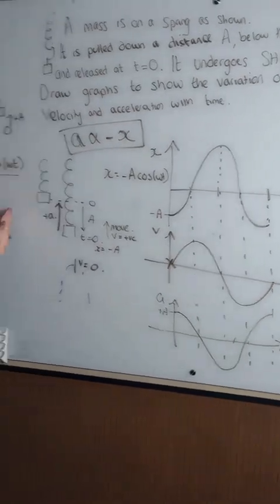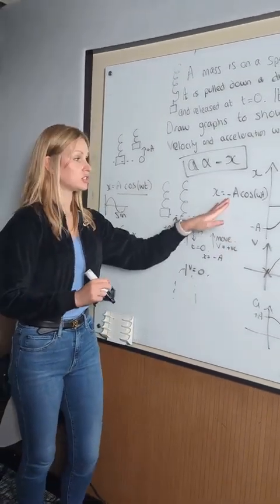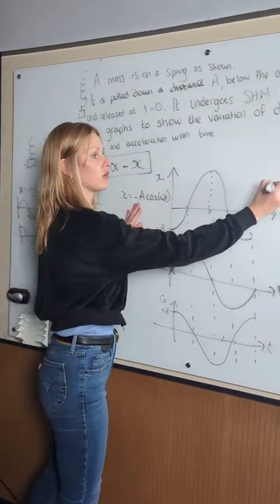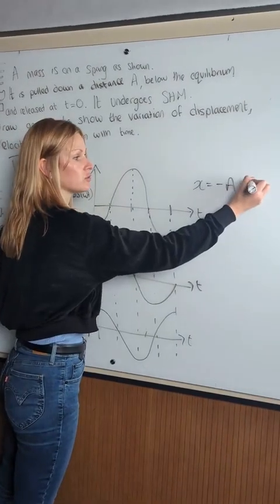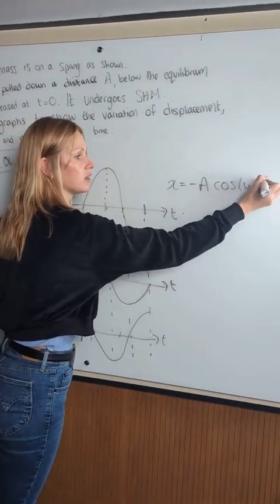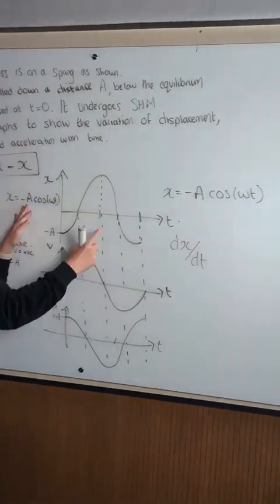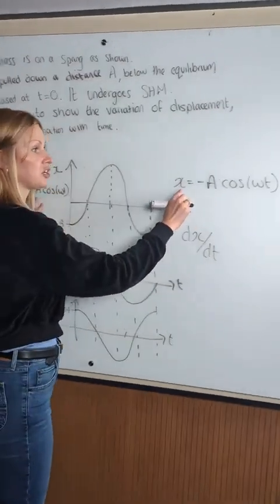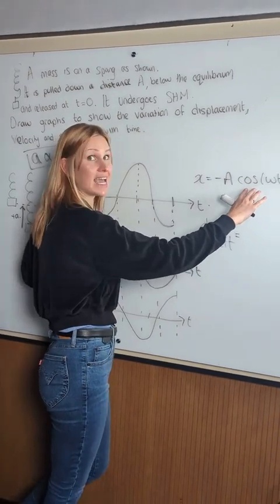Okay? Just so we can do a bit of math, another way you could do that is differentiation. If I have my x, negative a cosine wt, I can differentiate x with respect to time. And that could be your sense check. If we differentiate cosine, I get a negative sine.